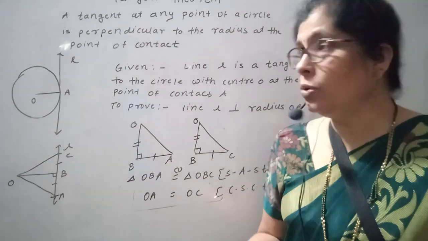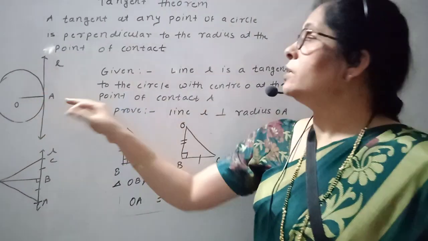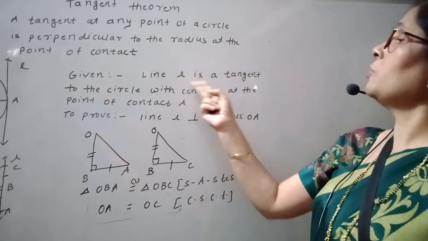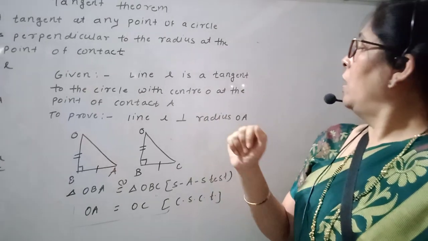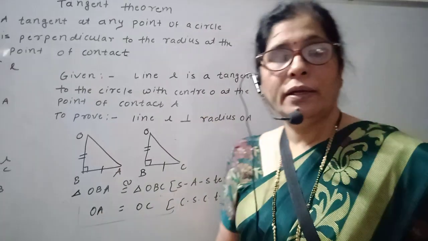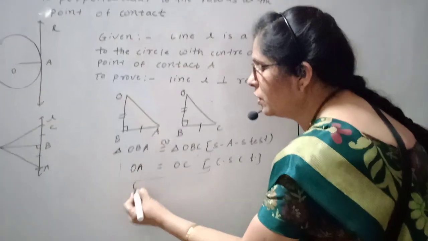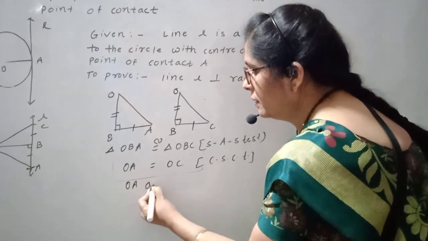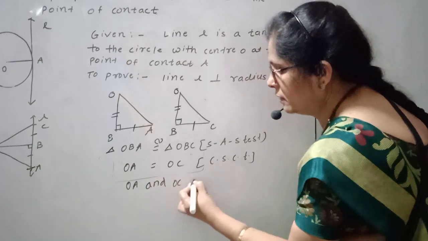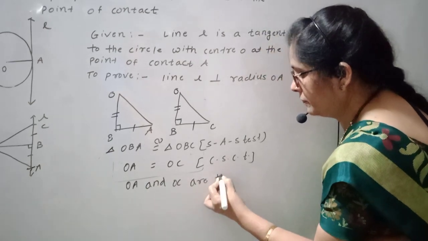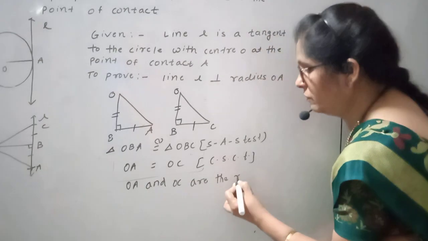Now, what is OA? It is the radius of the circle. If OA is equal to OC, means what? OA and OC are both radii.